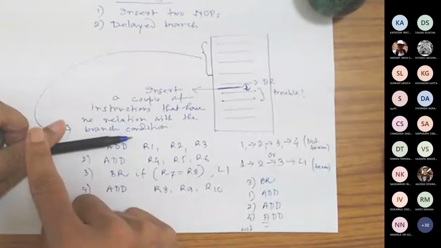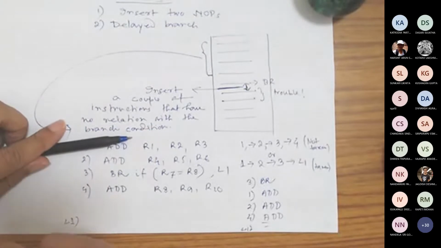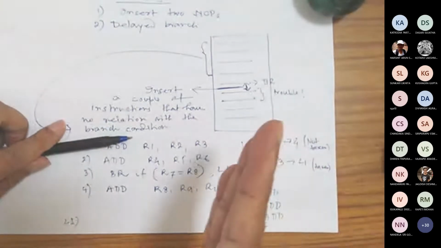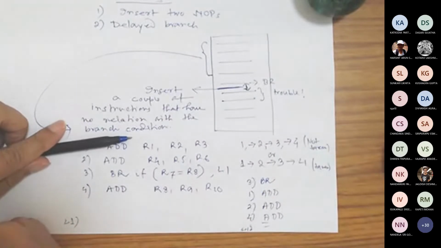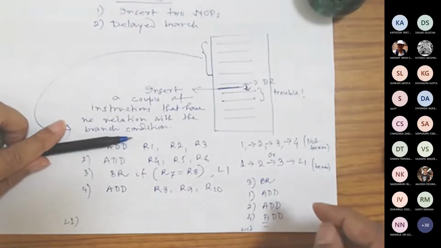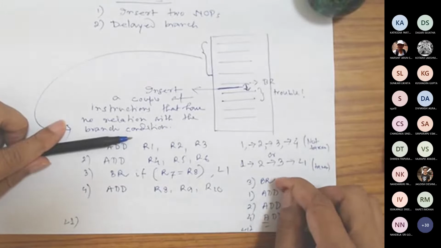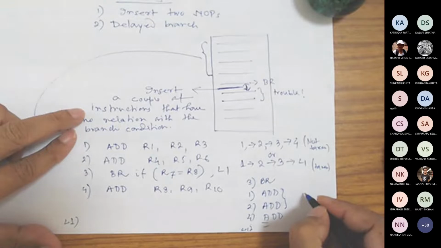In the earlier case, what happened? We had to discard these two instructions when there was no software solution, because those two instructions are junk instructions which have been inserted into the pipeline due to wrong order. Whereas in case of changed sequence, if the branch is taken, then also these two will be inserted and I will keep them in the pipeline.